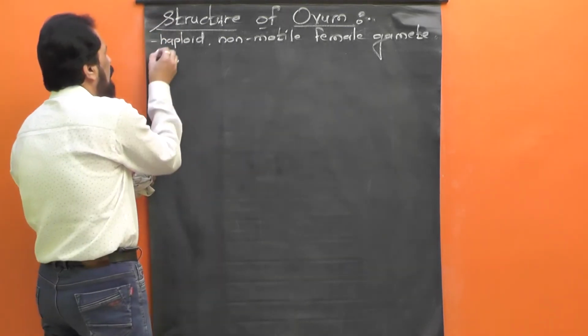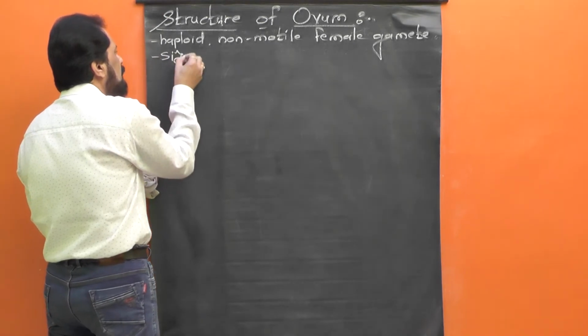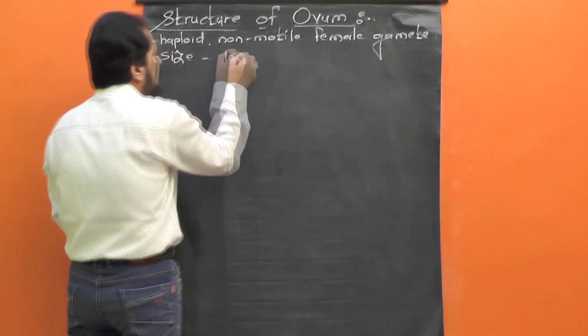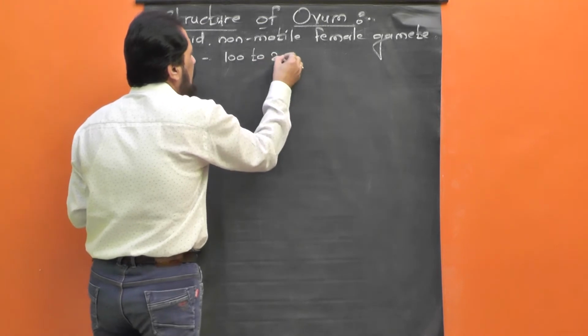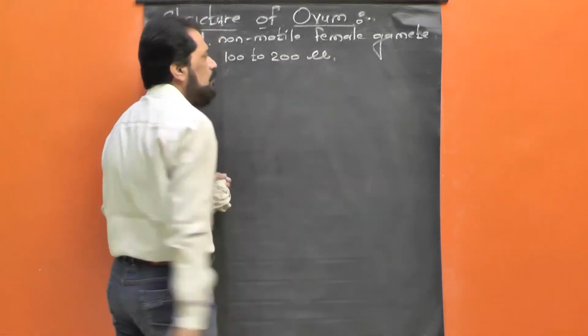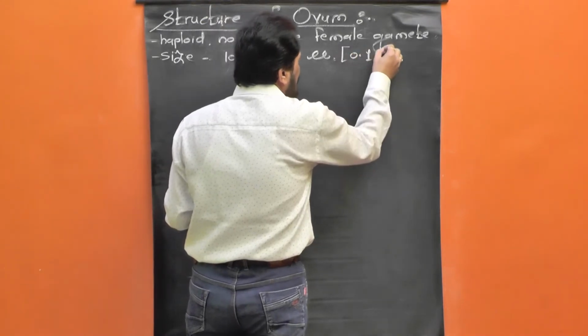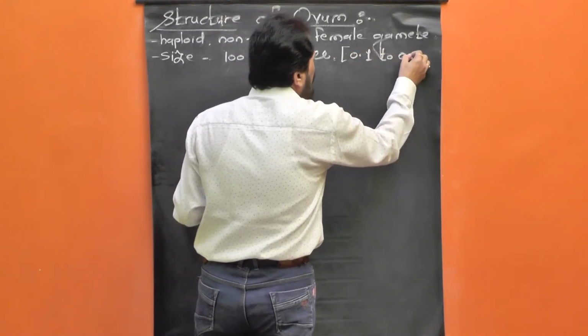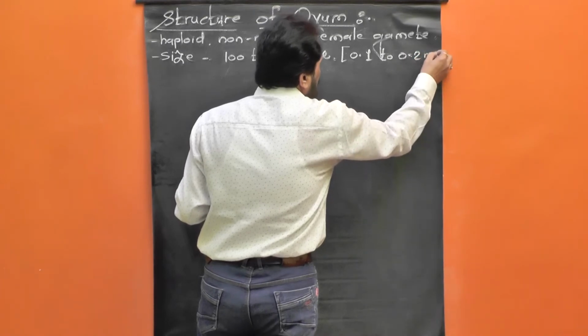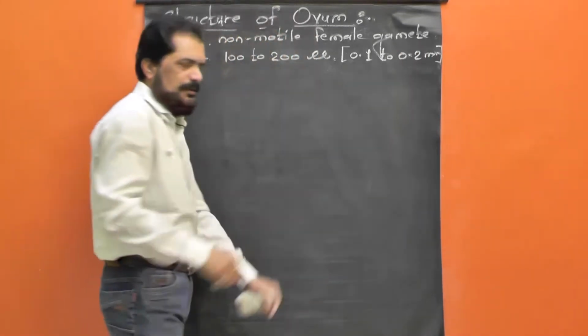The size of ovum in human being is near about 100 to 200 micron, or in terms of millimeter, 0.1 to 0.2 millimeter.